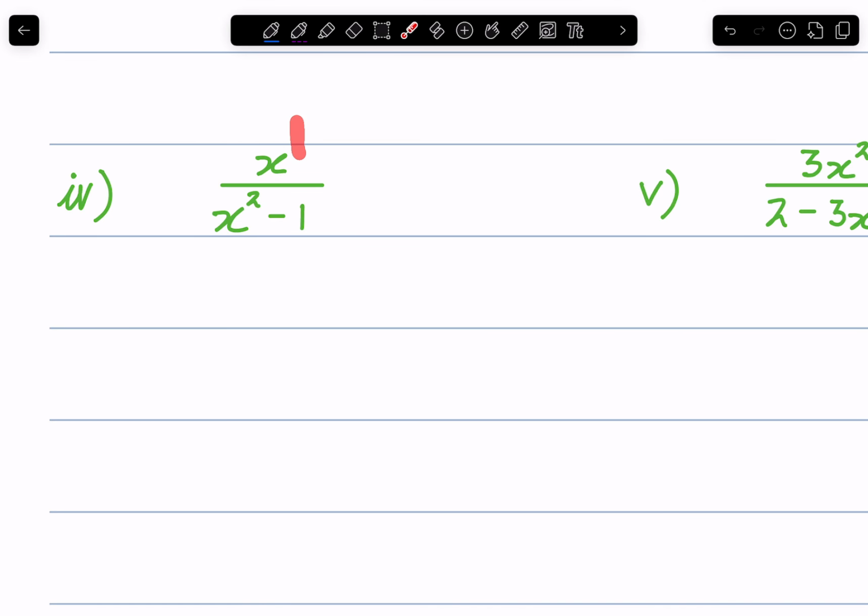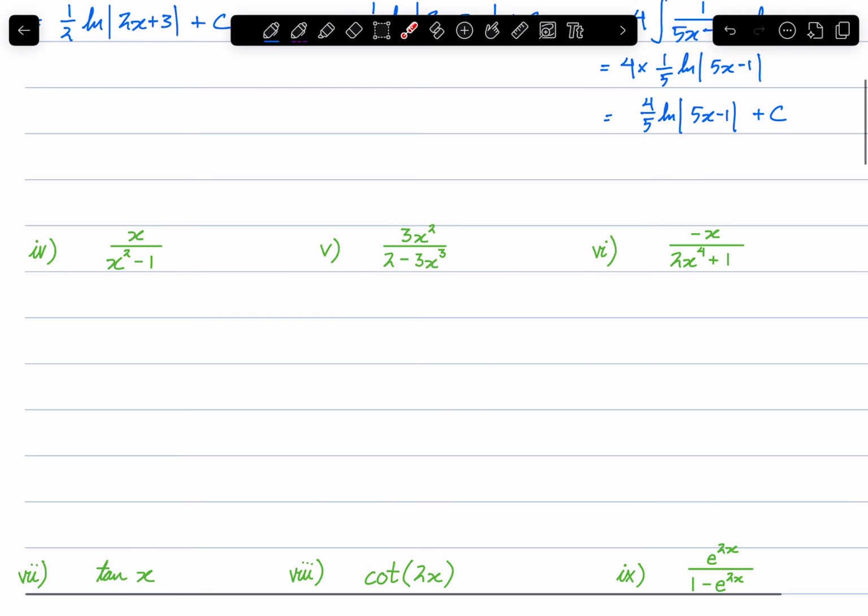So if the denominator is degree 2, the numerator is 1 degree less. If ever you notice this pattern, especially with power rule, just polynomials, you can do the integral of inverse function.